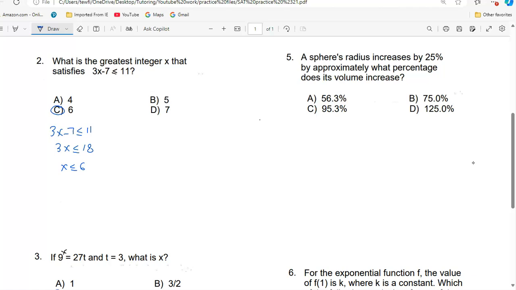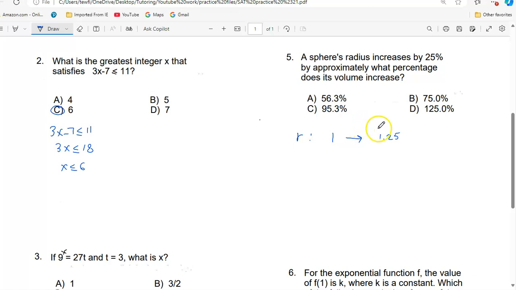So the radius is 1, increases 25%, so it became 1.25. So what is the volume now? The volume of a sphere equals... what is the volume of a sphere? Actually, we're not looking for the volume itself, right? What percent does its volume increase?